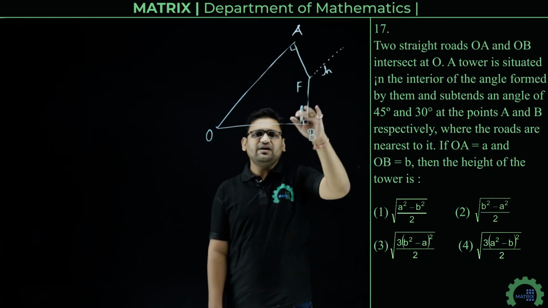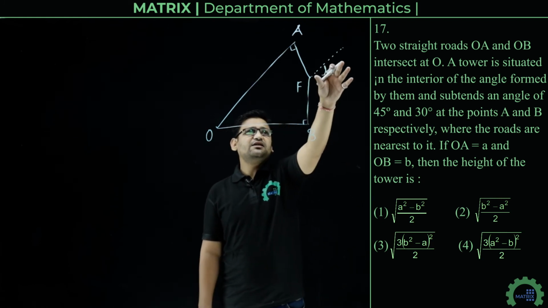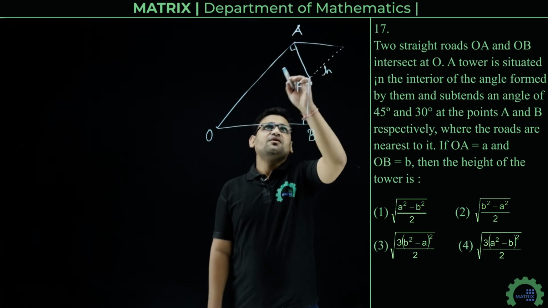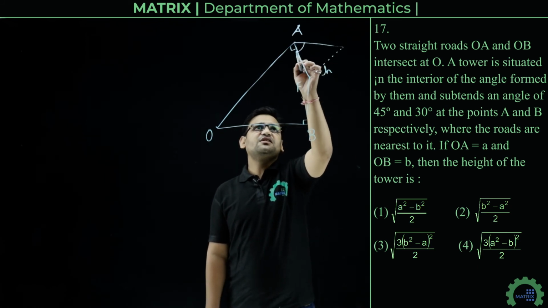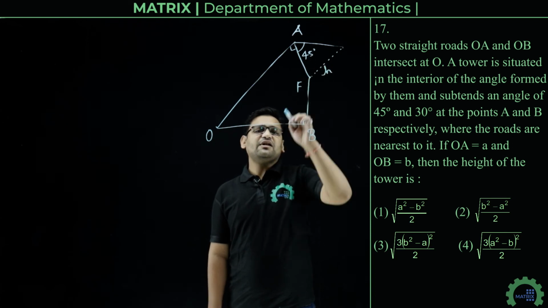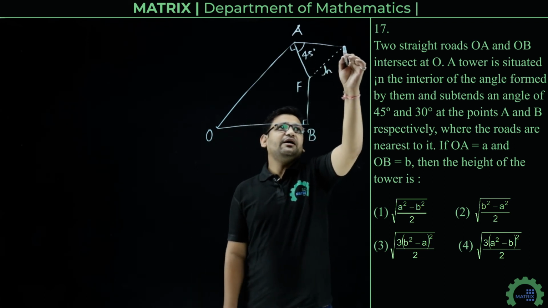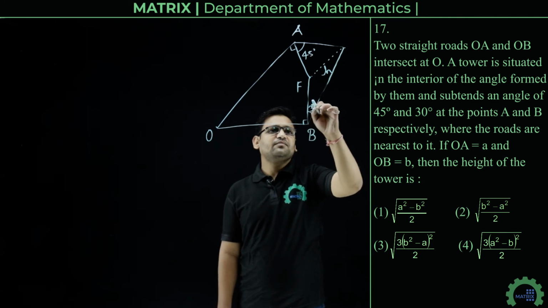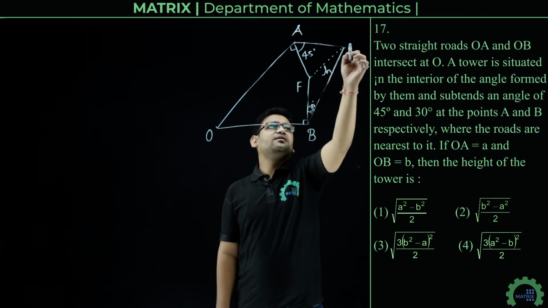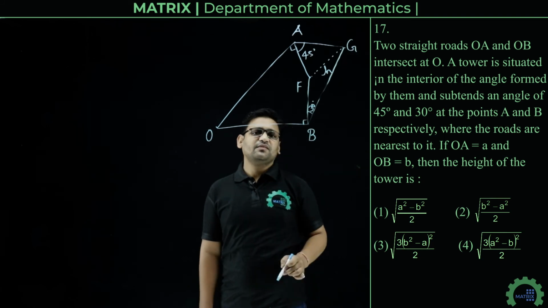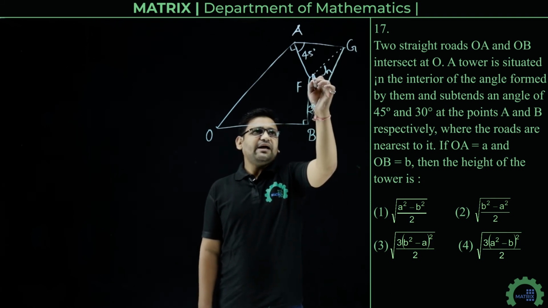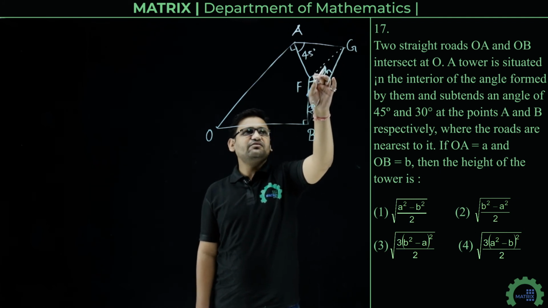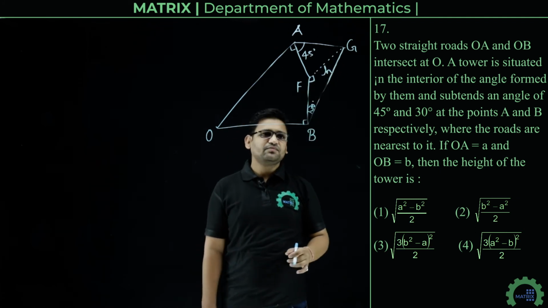If you assume this figure in 3 dimension, then this will be the height of the tower, and the angle of elevation from point A is 45 degree, which is given, and the angle of elevation from point B will be 30 degree. Let's say this is point G, and that angle will also be 90 degree, as the height of the tower will be perpendicular to the road.